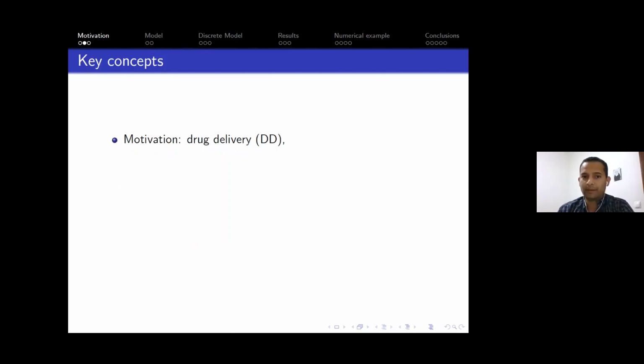Well, as you can imagine, it comes from drug delivery and a particular set of new techniques that use some nanostructures. We can think about these nanostructures as tiny spheres containing the drug.